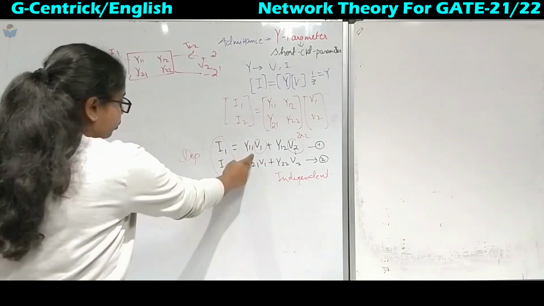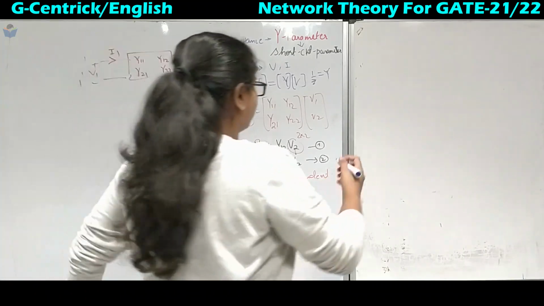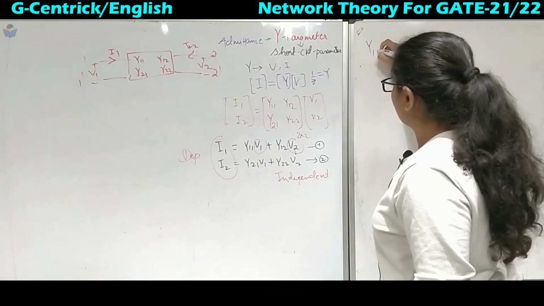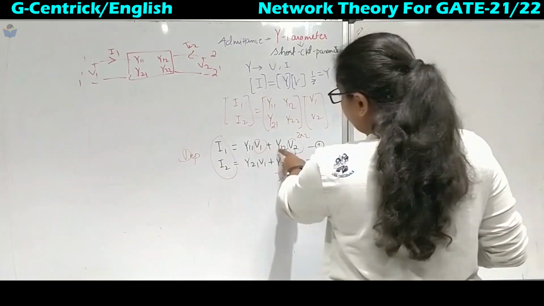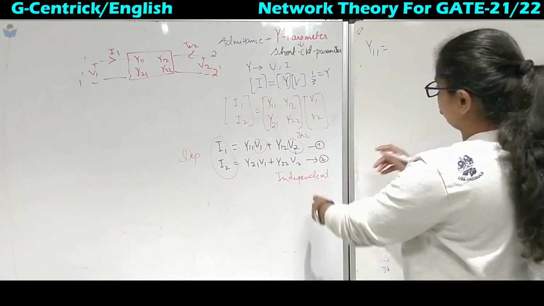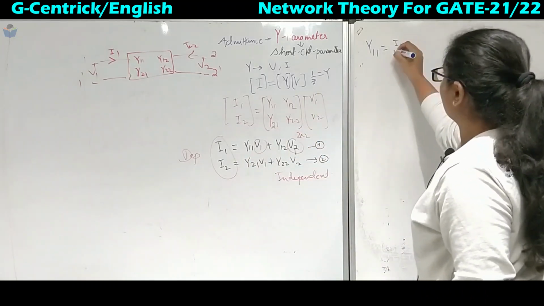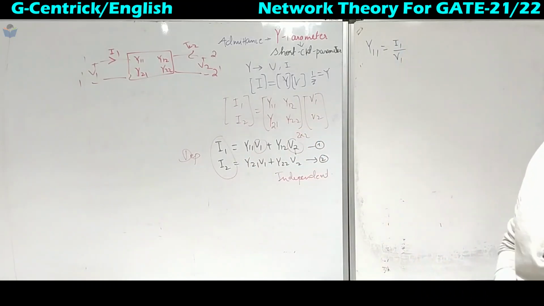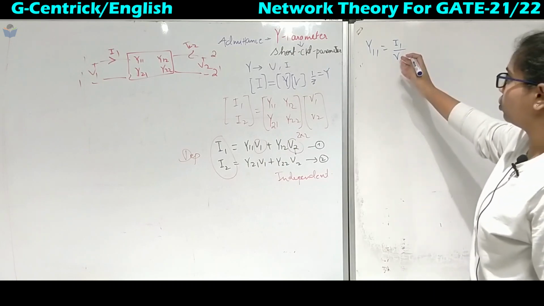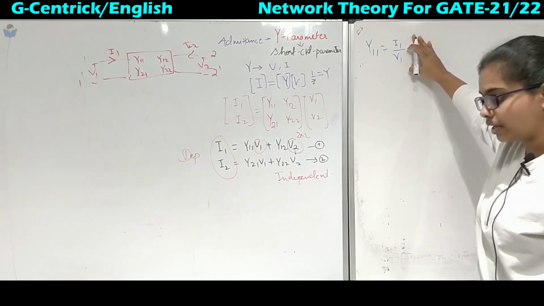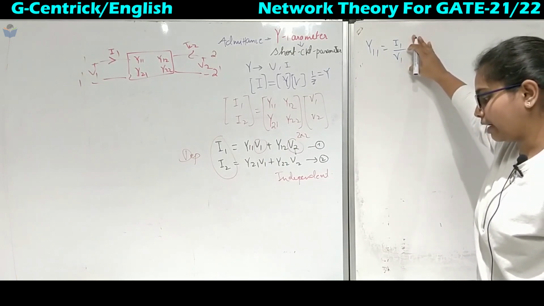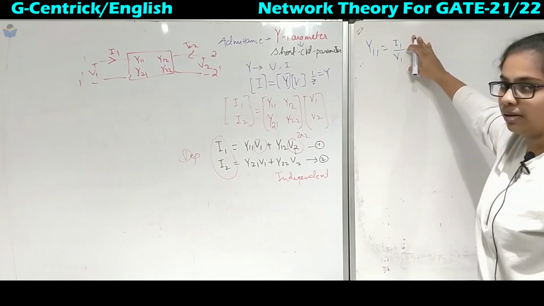To find the parameter Y11, first we will make V2 equal to 0. With V2 equal to 0, Y11 will be equal to I1 divided by V1. This is the input only, so it is called the input driving point.